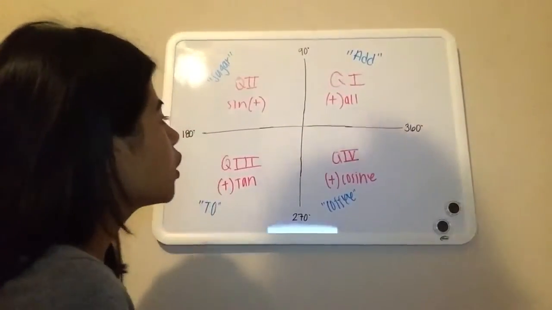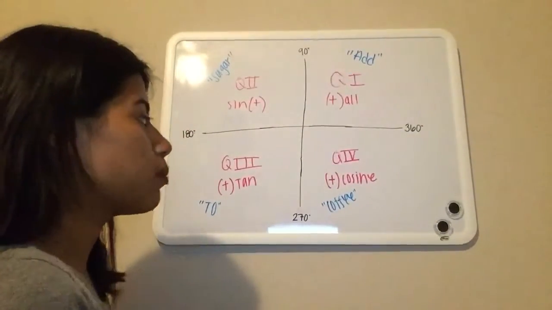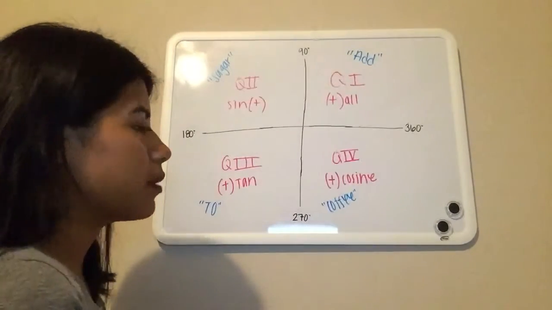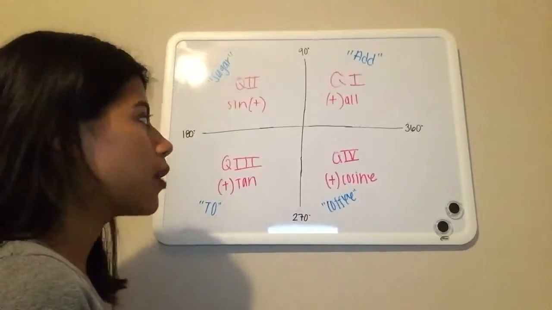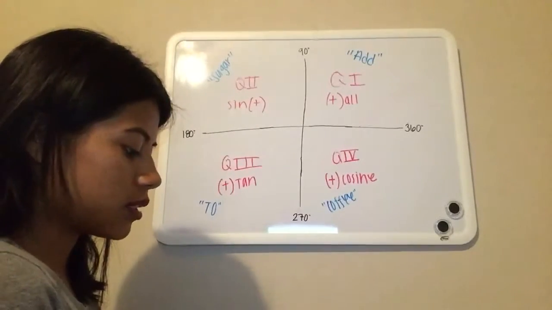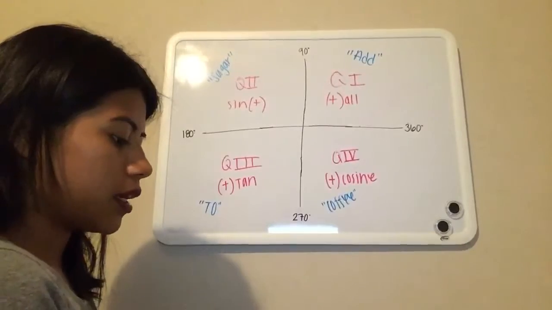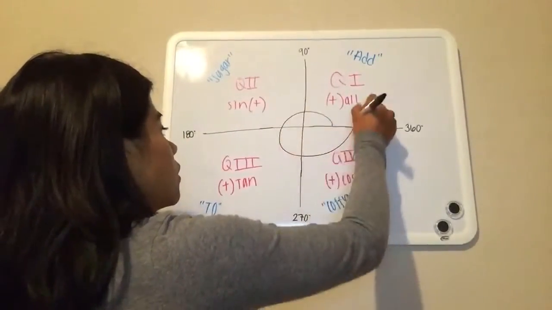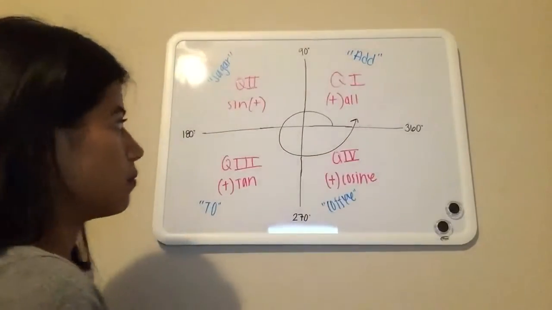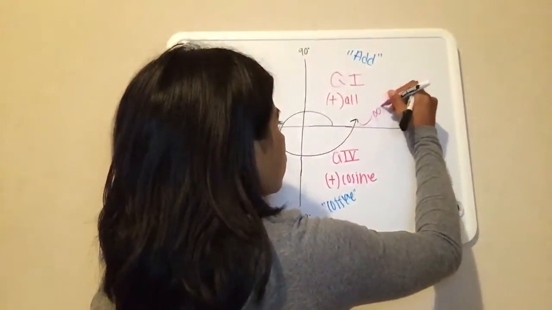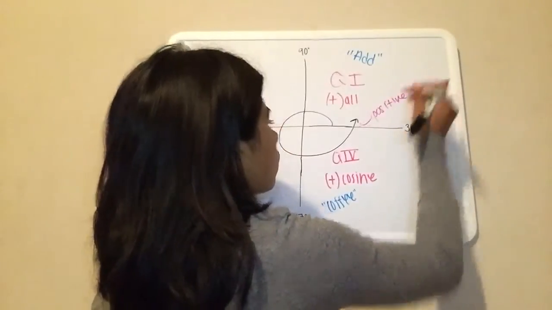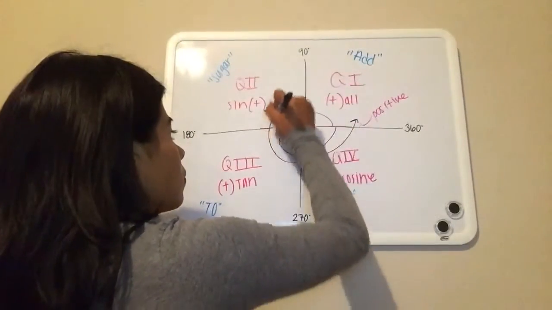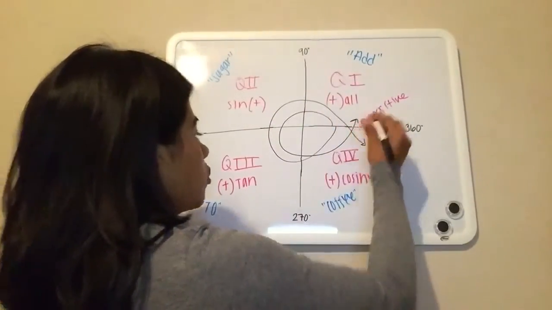And from there, it's actually important to remember that there's certain rotations that happen sometimes in the unit circle, and one of them goes counterclockwise, another one's clockwise. The counterclockwise is positive. And the one that happens clockwise would be negative.